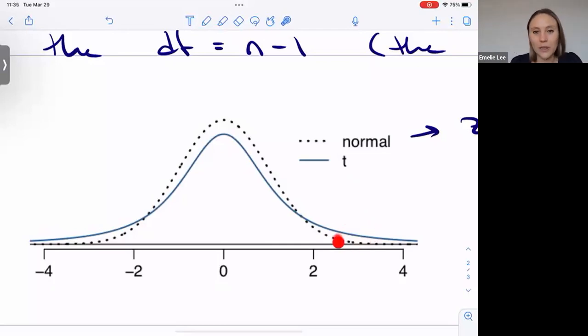What does it mean when we lift off in the tails? Everything else about this curve stays the same. The area underneath the curve is still a probability. What we're doing is making the probabilities in the tail higher.